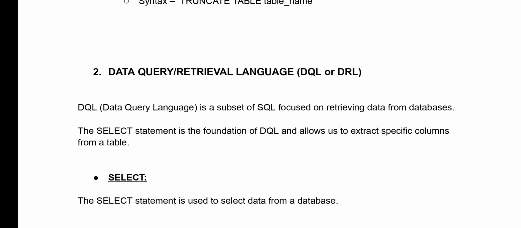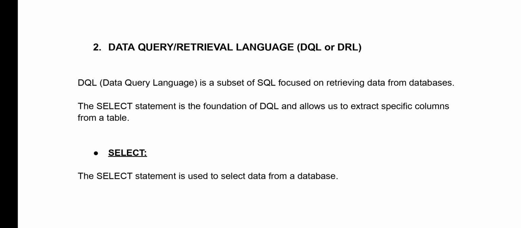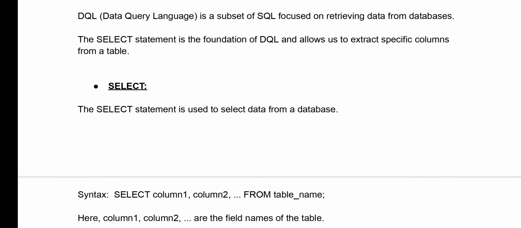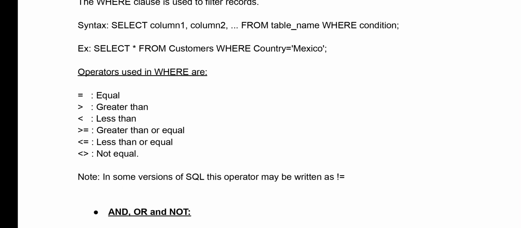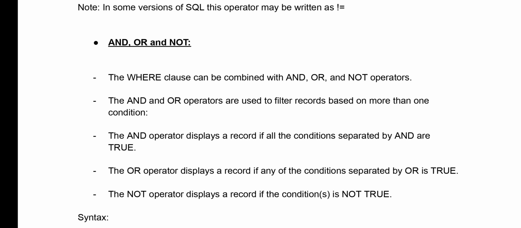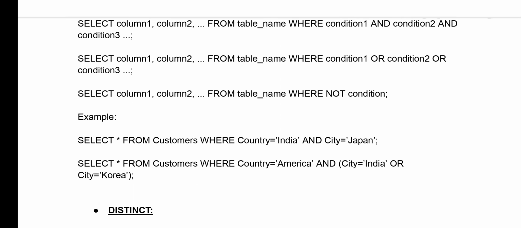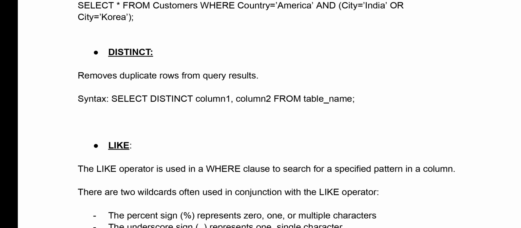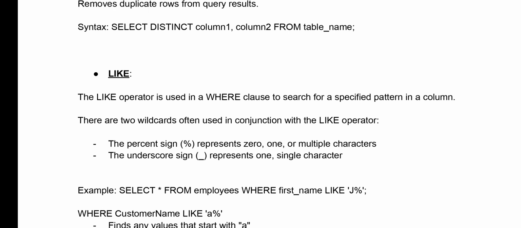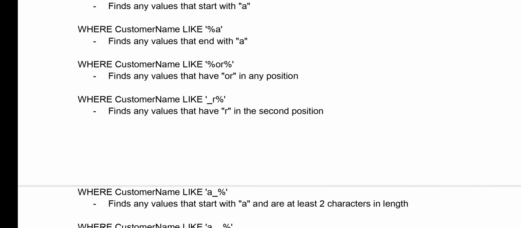Okay, so in the next section we have talked about the data query or retrieval language, nothing but DQL or DRL. So here we have talked about the select statement, where statement or where clause, and the AND, OR, and NOT operators. So all this comes under the respective category. And then we have talked about the distinct, and then we have talked about the like keyword.